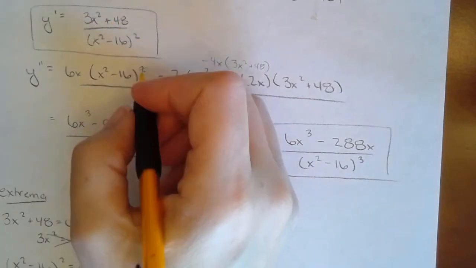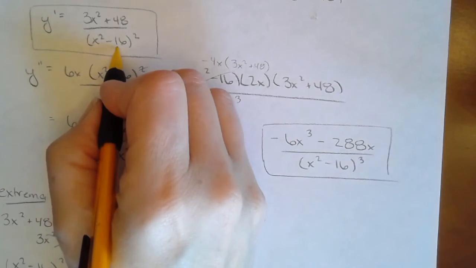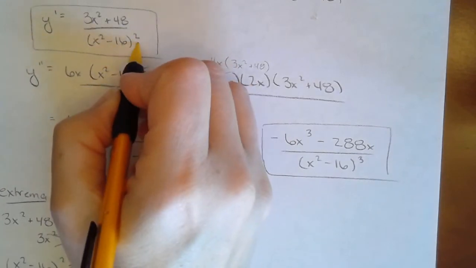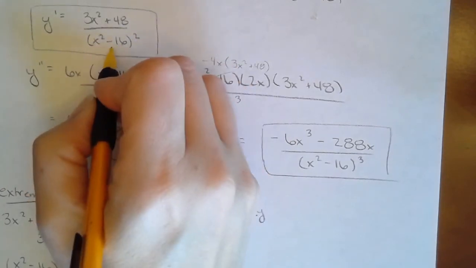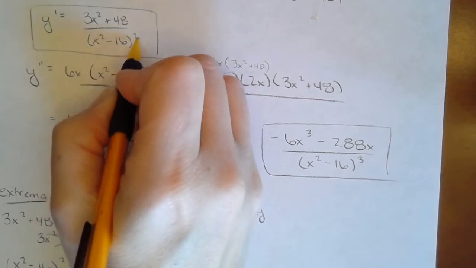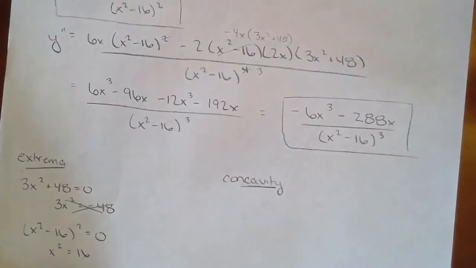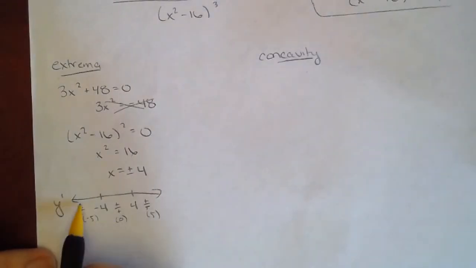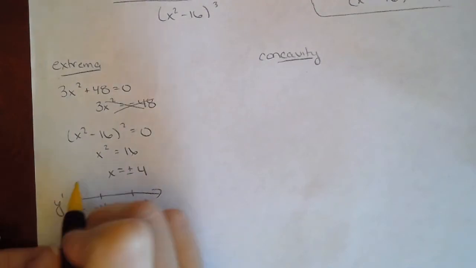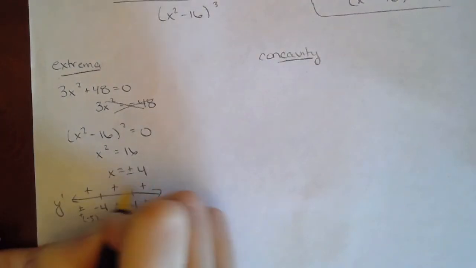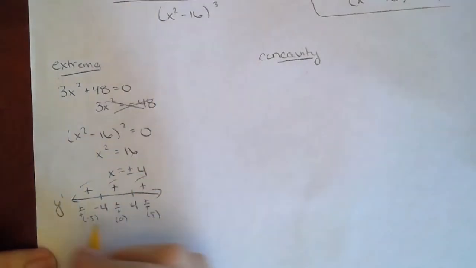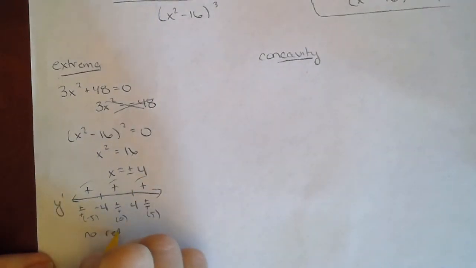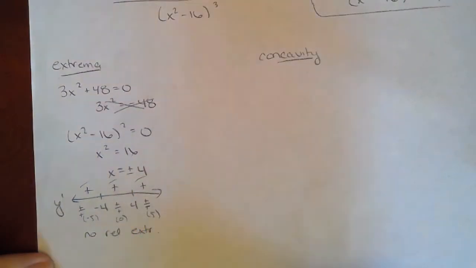So the numerator is always positive, so all I have to worry about is the denominator. Well, look, the denominator is always positive. Whether x squared minus 16 is positive or negative, once you square it, it's always positive. So all three of these evaluate to fractions where you have a positive over a positive. So that means that our function is always increasing. So we have no relative extrema.